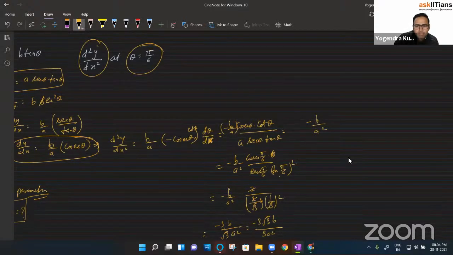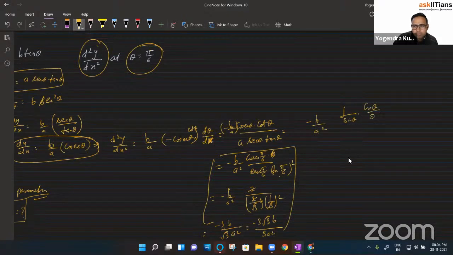Let's change here only sine by cos, because substitution will be easy. B by a, so it is what? 1 by sine theta, then cos theta by sine theta. If you want to change it, 1 by cos theta and sine by cos theta. Minus b by a square.